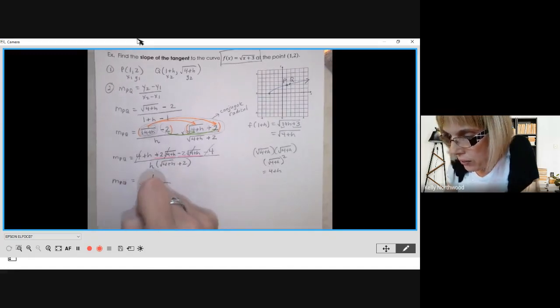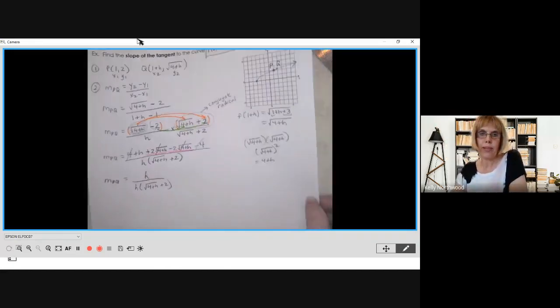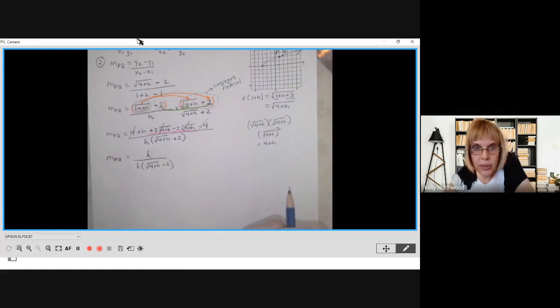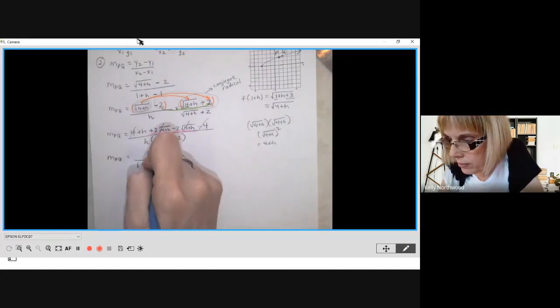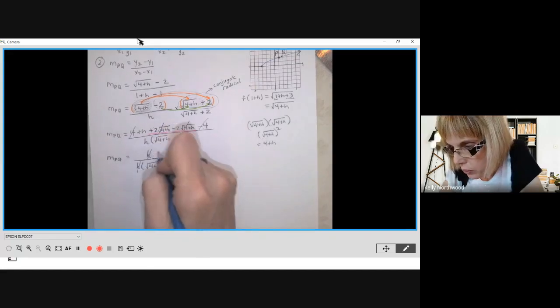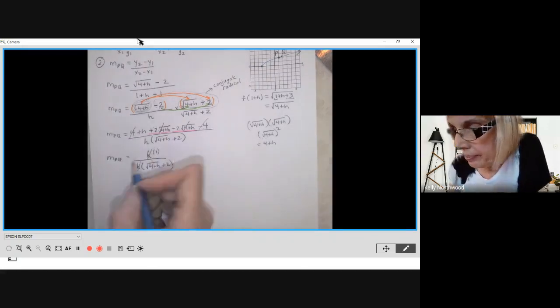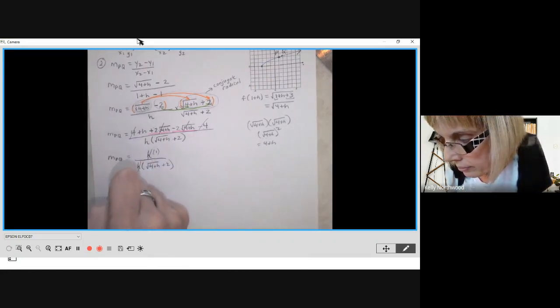And in the bottom, I've got that problematic h times the root of 4 plus h plus 2. So now I can divide those h's out. And what's left on the top, remember, is a 1. So I don't want you to forget about the top. There's really a 1 left there after you divide out the h.